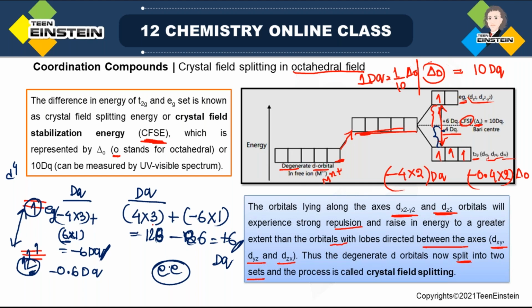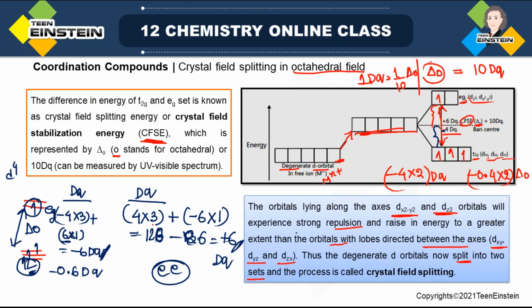That is, when you are moving towards eg, if this delta O value is very high, that will be difficult. But if you are placing the fourth electron in t2g, then also you have to overcome pairing energy. So what to do? We have to compare delta O and pairing energy. If delta O value is high, you will make a pair.